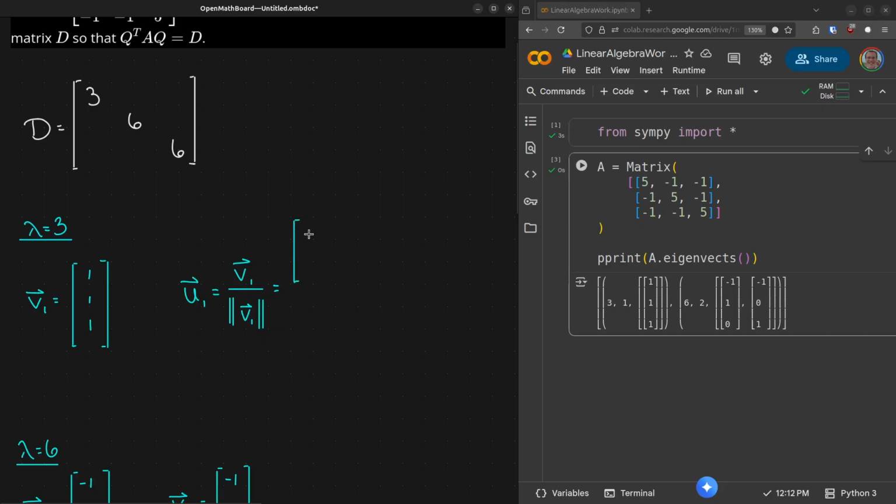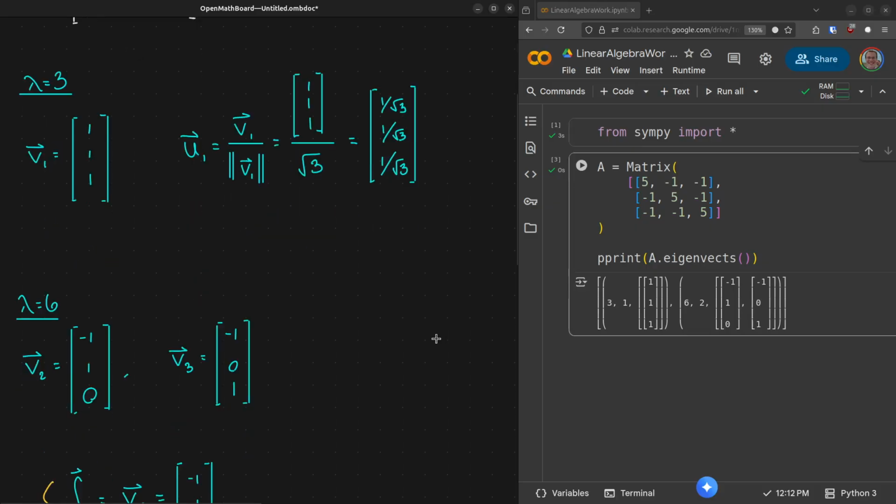So I get 1, 1, 1, and the norm of v1, 1 squared plus 1 squared plus 1 squared, is 3, so I get the square root of 3. So I get 1 over square root of 3, 1 over square root of 3, 1 over square root of 3. That's going to be one of the columns in my orthogonal matrix Q.